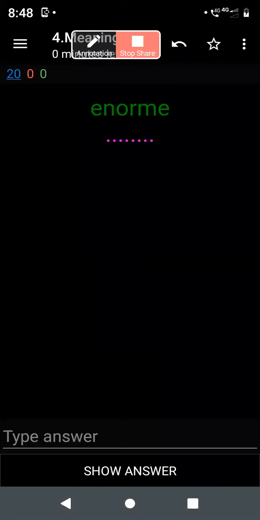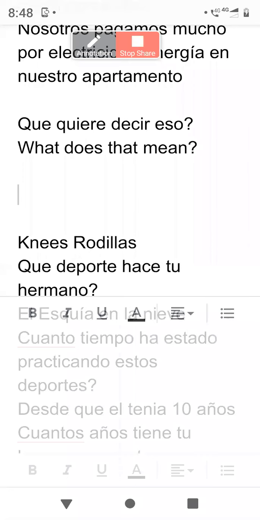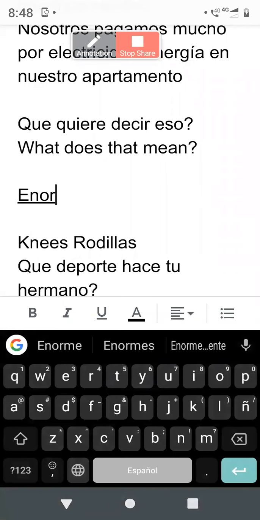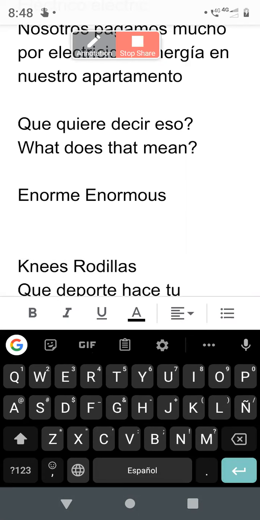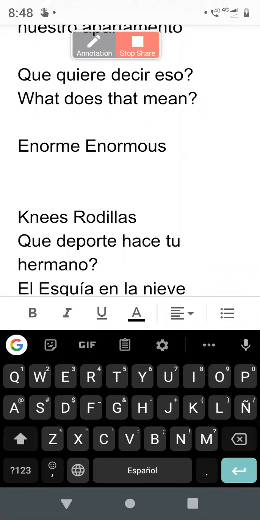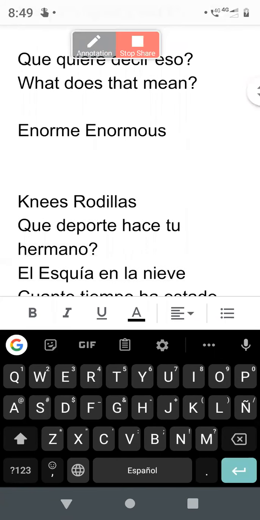La que sigue, enorme. What is enorme? Any idea? Enormous. Yep. Okay. So a sentence. You're enormous. We would like an enormous flat.